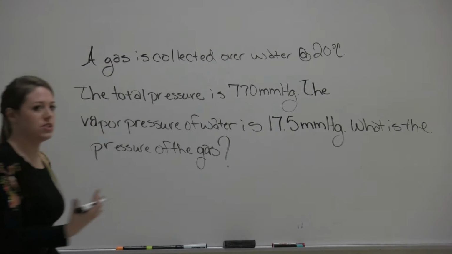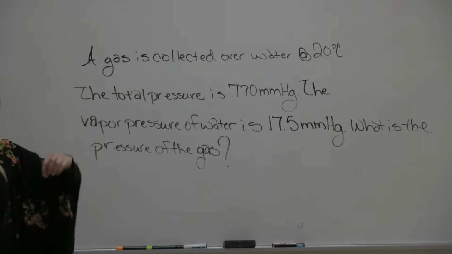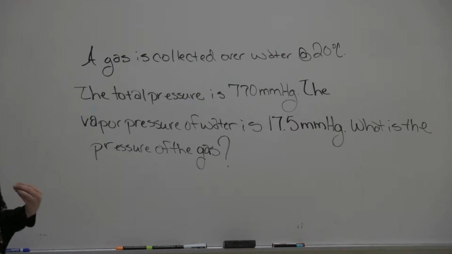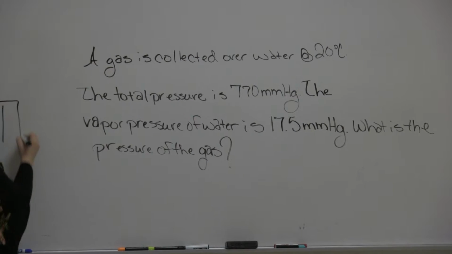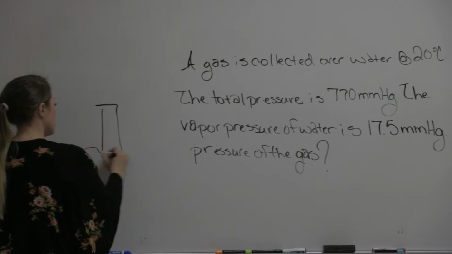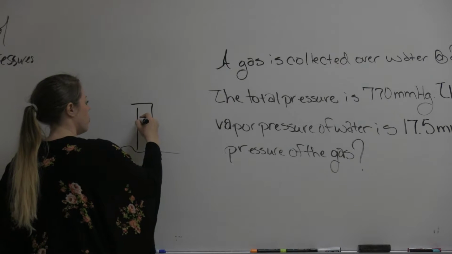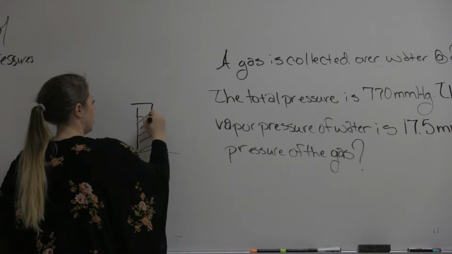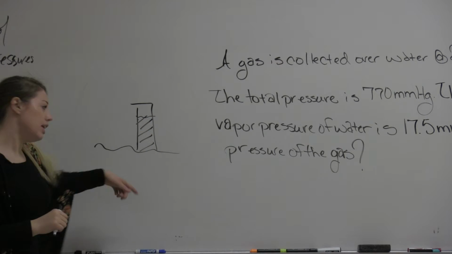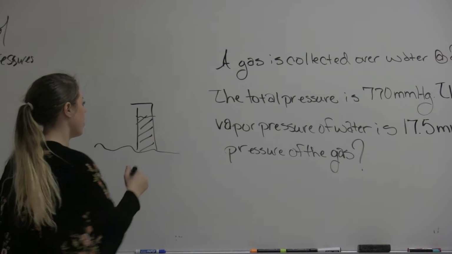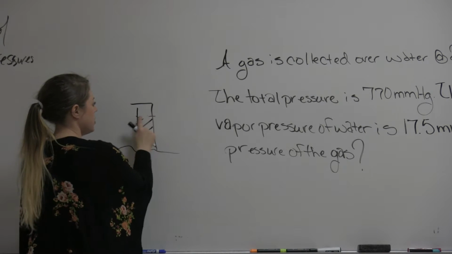According to Dalton's law, we can add up all the pressures of the gases to get the total pressure. So in this problem, if we're collecting it over water, we're going to have water in the container. As we start to collect the gas, it goes into the container and the amount of water is going to be reduced.